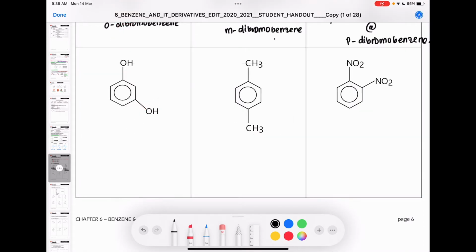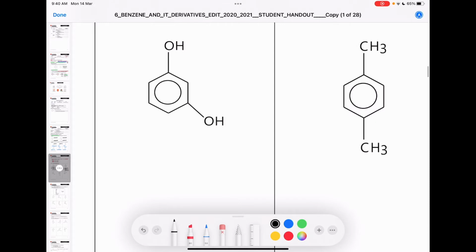Now let's proceed with the second case. Now we have here OH and OH. As I told you before, benzene with OH will be known as phenol. So this will be the parent chain. Actually, you can choose any OH because they are just the same.